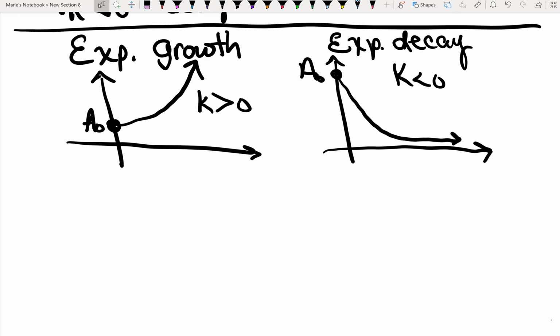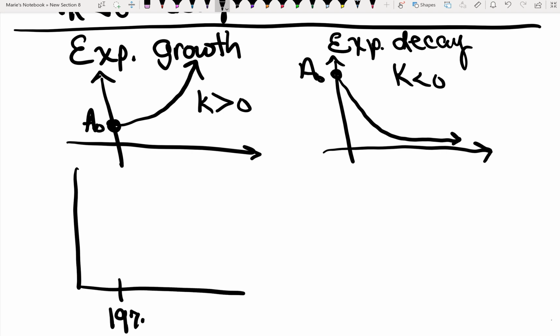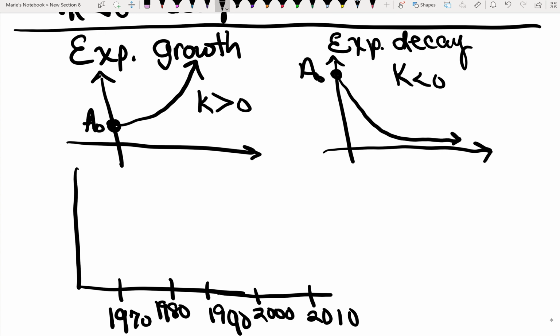So in the first quadrant, they have starting with 1970, then 1980, then 1990, then 2000, and then 2010. And they're looking at the population over here.